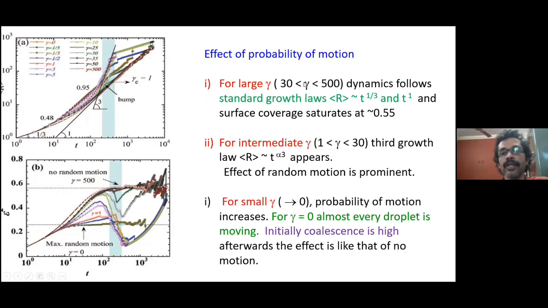It is seen that for the highest probability value there is no motion. For intermediate probability, the regime T raised to 3 appears. And for small values of gamma, that is, when the probability is very high, meaning almost every droplet is moving, that is recovering the standard or classical case.